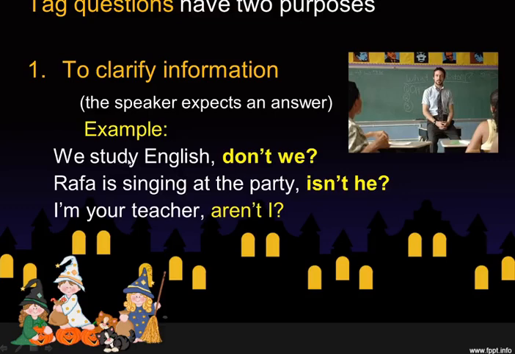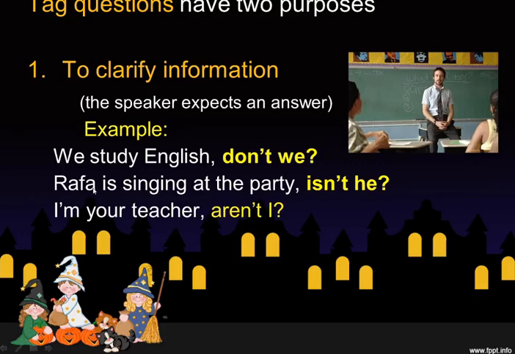So in the statement, if it is present, you have to use the negative of that present. The same way, here, if there is an auxiliary verb like is or was, the question tag should begin with that auxiliary verb.